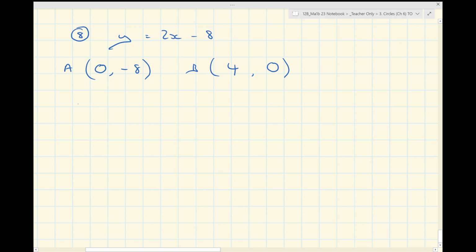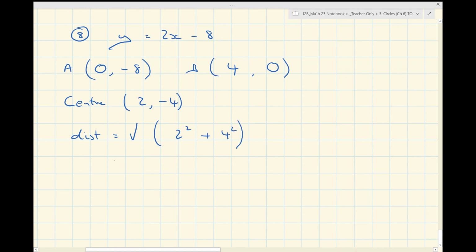Well, I can find the center of the circle by finding the midpoint of A and B. And how am I going to find the radius of the circle? Well, I'll find the distance from the center to point B. Why not? So the distance from the center to point B is going to be the square root of the difference in the x coordinate squared plus the difference in the y coordinate squared.